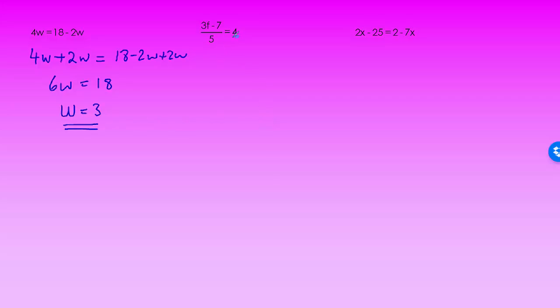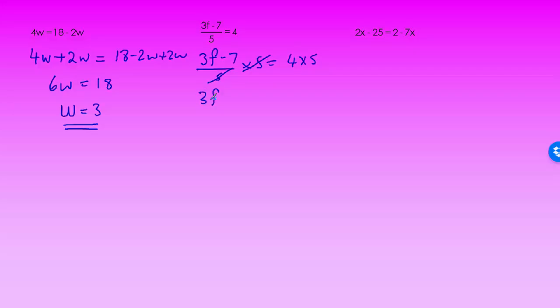With this equation here, think about what's happened to this f. It's been multiplied by 3, 7 is then subtracted, and finally the whole thing is divided by 5. We undo it in the reverse order. So start by multiplying by 5. So 3f minus 7 over 5, multiply that by 5, and if we do that to the left, we have to do it to the right.